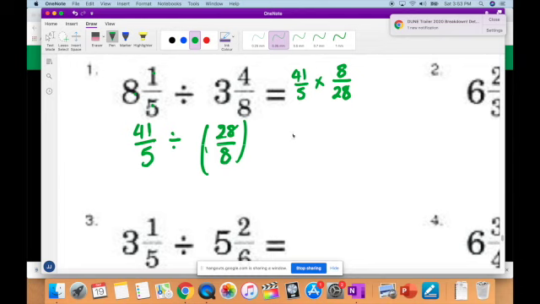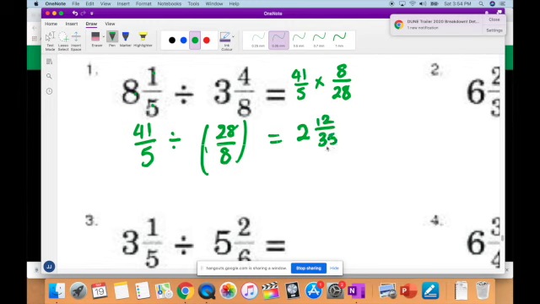And I'm not sure, can this be reduced? Let me use my calculator, because I can't be thinking right now. 41 over 5 multiplied by 8 over 28, and that gives us 2 and 12 over 35.